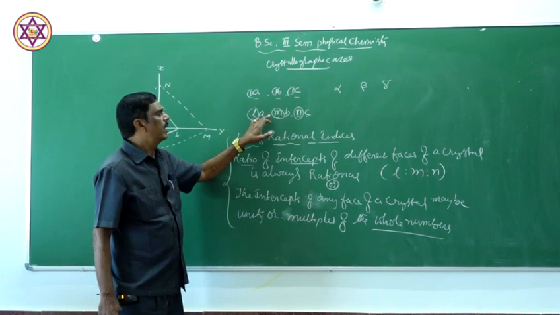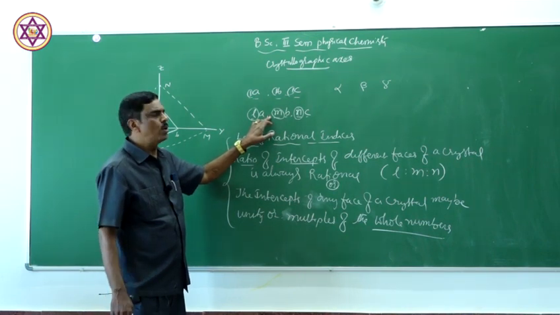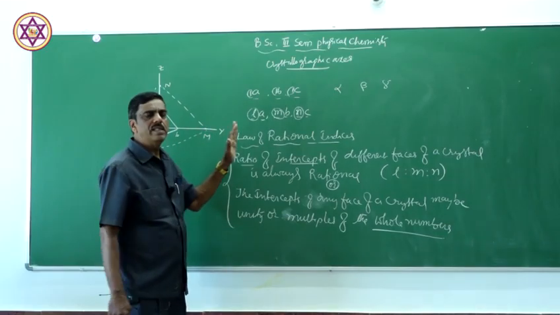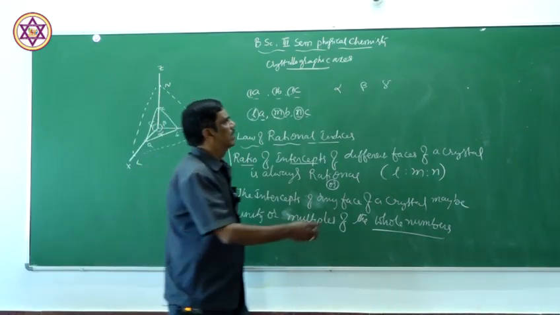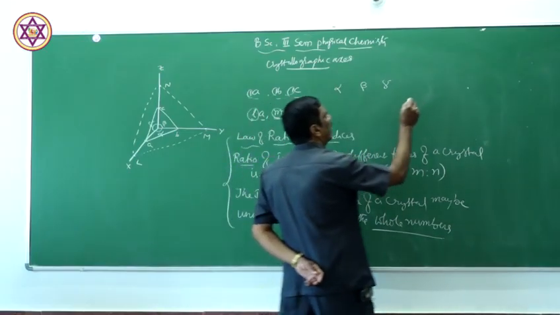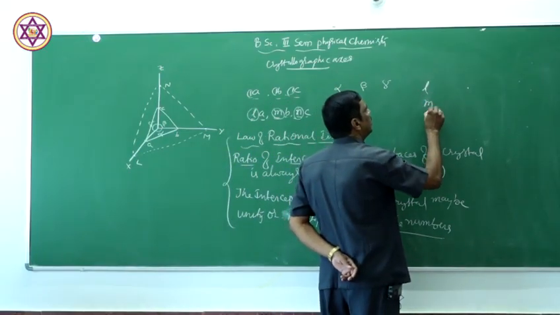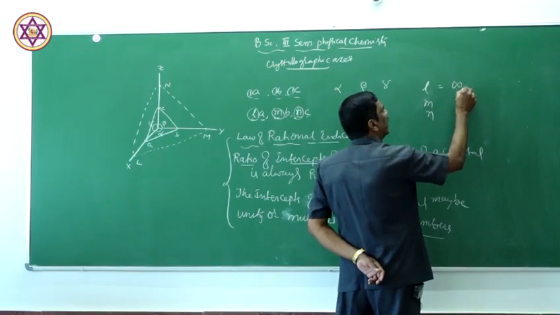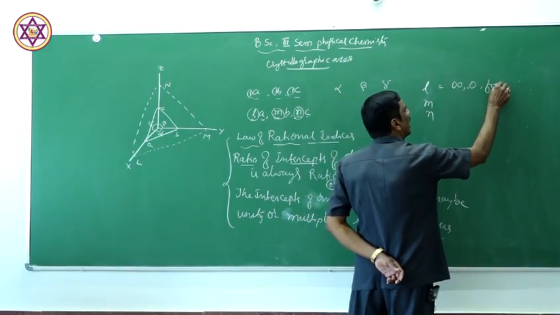It may be a fraction. Suppose the plane goes through a particular axis, it may be unity. So, these coefficients of the intercepts LMN may sometimes be infinity, 0 or a fraction.